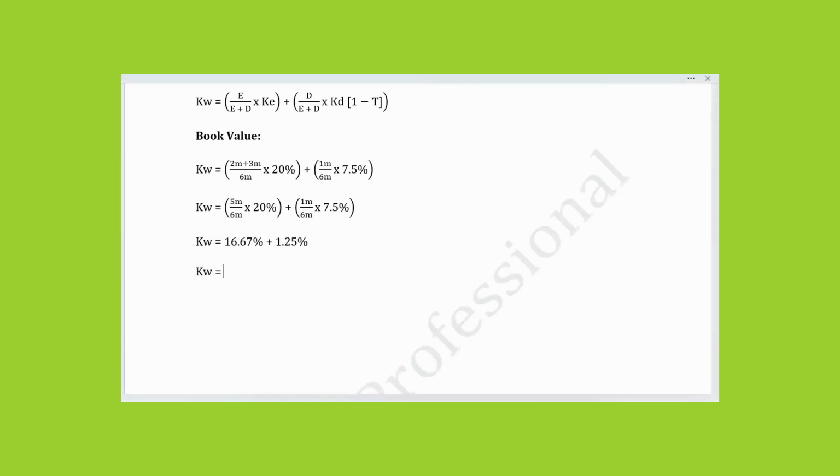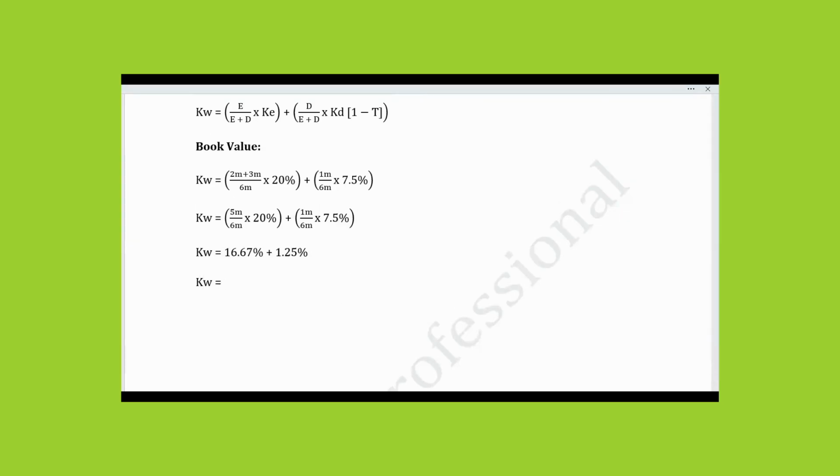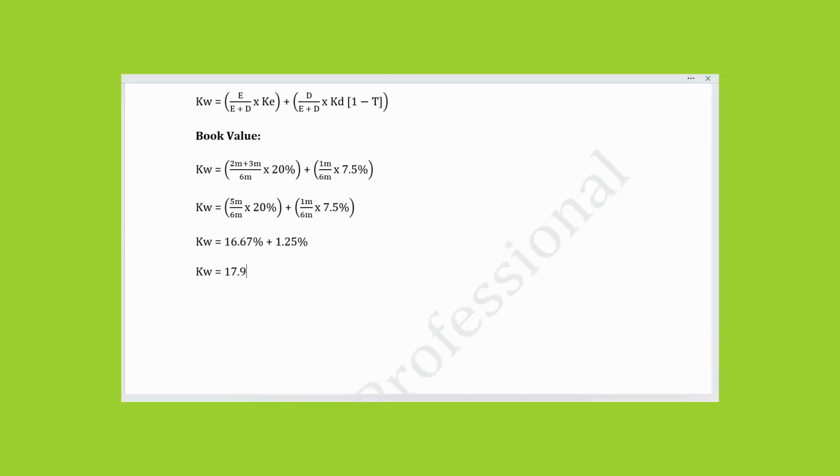So you then add up the two. Our WACC will then be equal to 16.67 plus 1.25. What do you have there? 17.92%. So that means our WACC is approximately 18%.